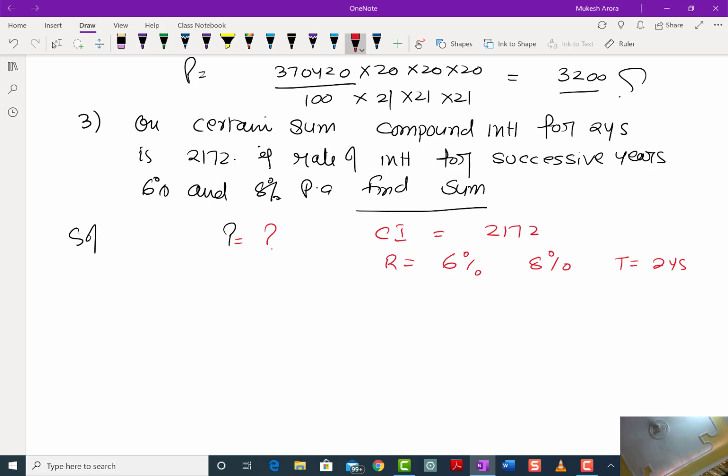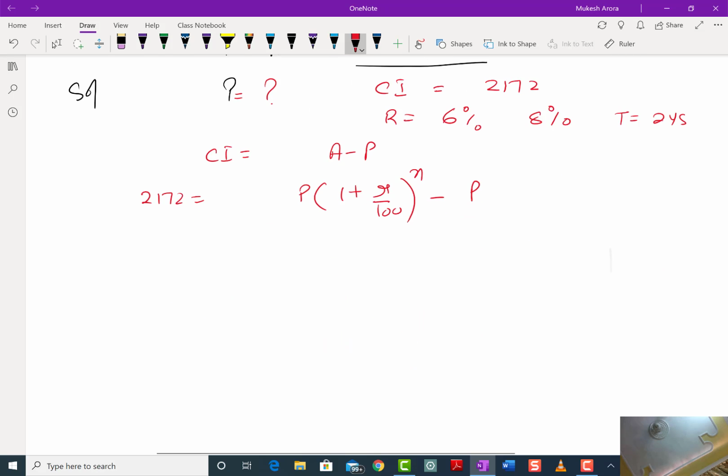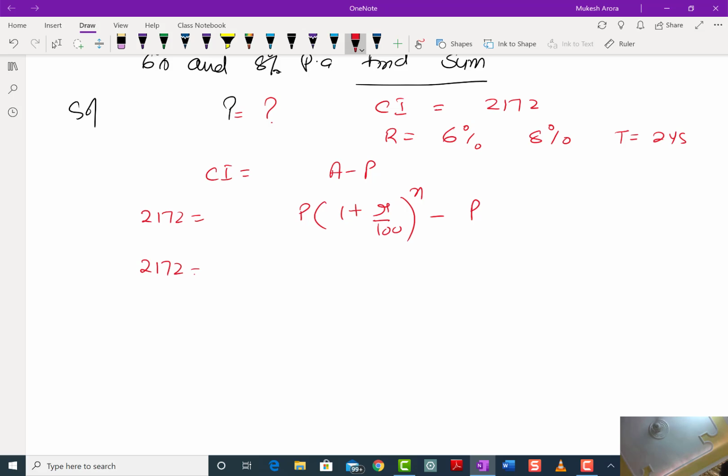So the compound interest is amount minus principal. So this is 2172, and the amount formula is P into 1 plus R by 100 raised to the power n, minus principal. So 2172, here principal we can take common. So 1 plus 6 by 100 into 1 plus 8 by 100, and as we have taken common, minus 1.